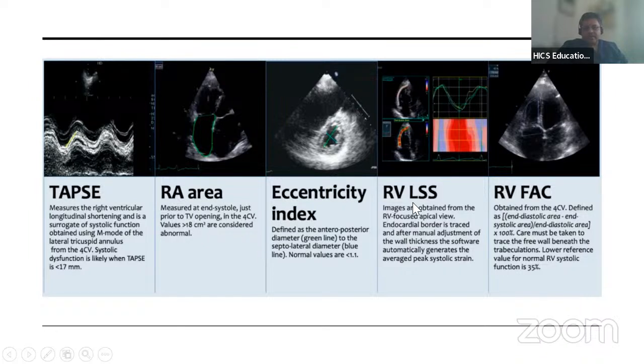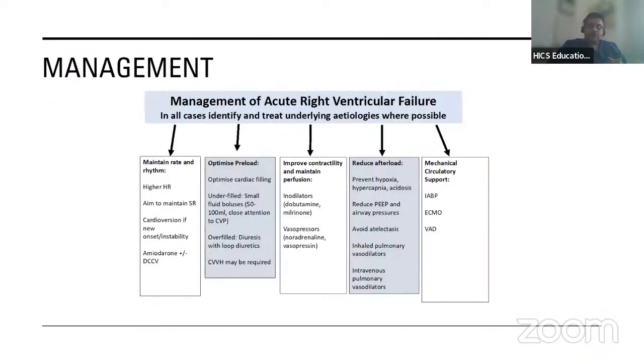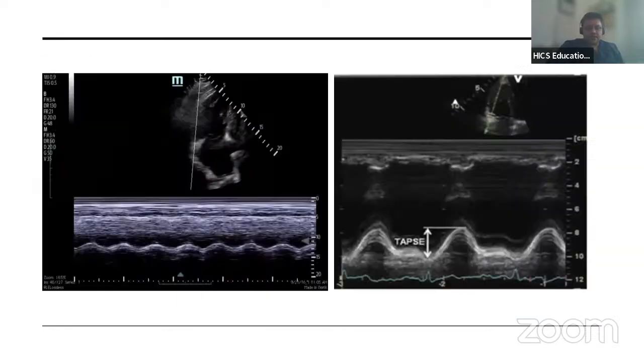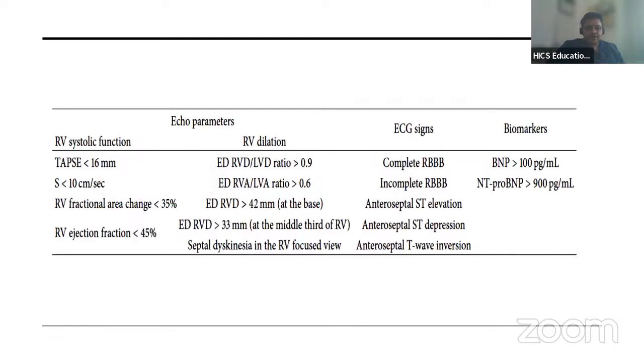The right ventricular longitudinal strain, which is obtained from the right ventricular focused apical view, where you trace the endocardial border and after manual adjustment for the wall thickness, you generate the peak systolic strain. That is also a marker of RV dysfunction, and we have described the fractional area change as well. So once you identify with all these parameters, we just go back to this slide where we have identified all the parameters.